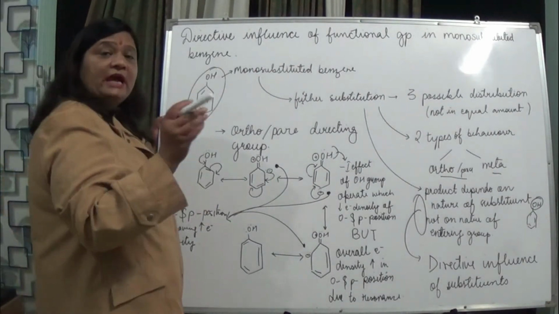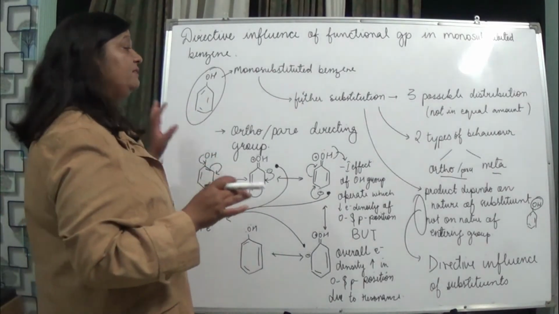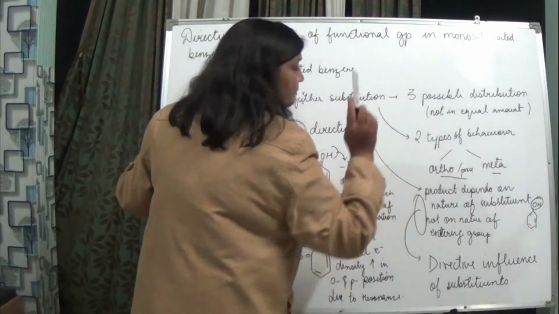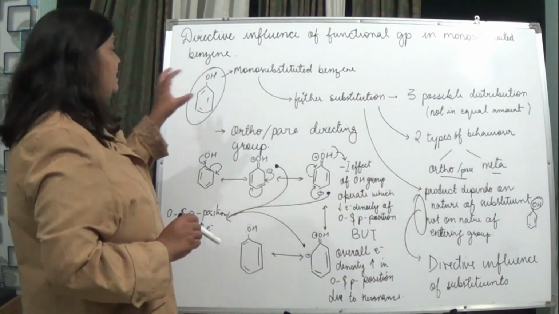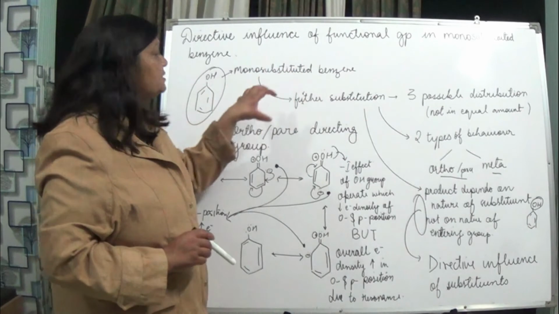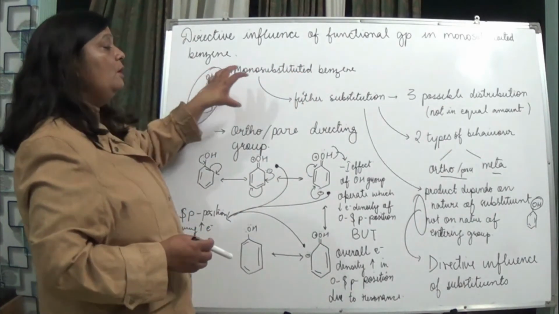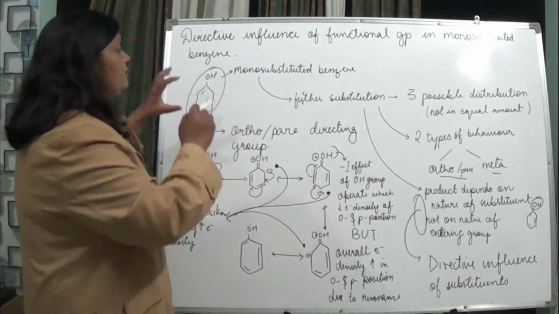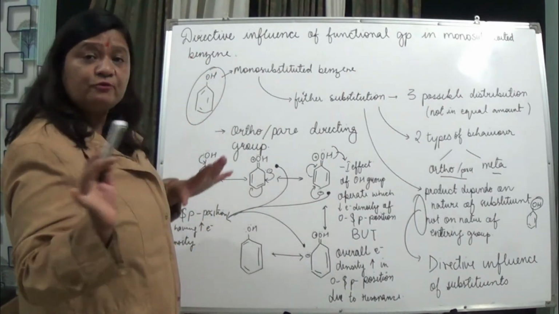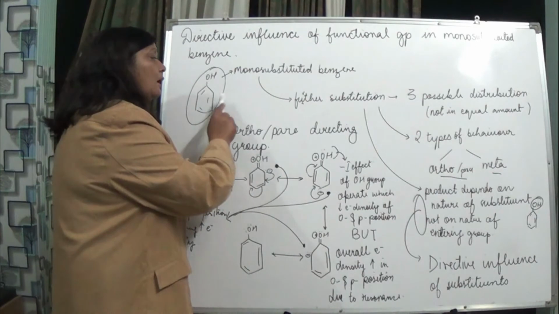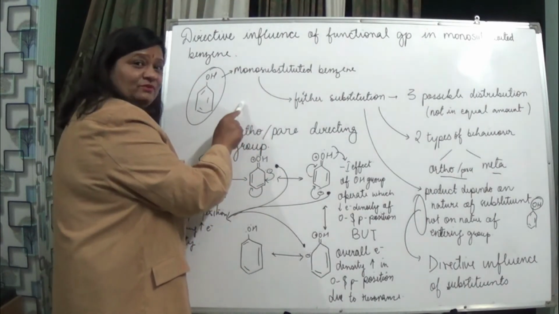Now two types of behavior are shown in this, the ortho, para and the meta. When further substituents are being added to this phenol, what happens? Here we will see the product which is formed does not depend upon the other substituents which are being added.